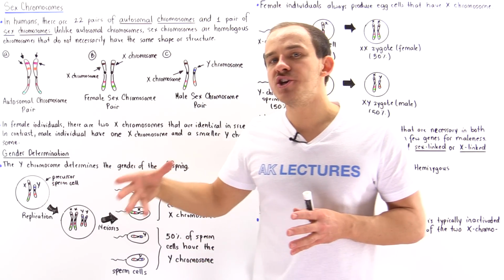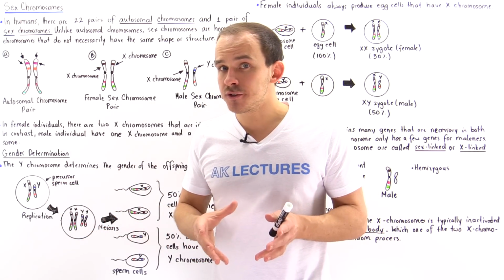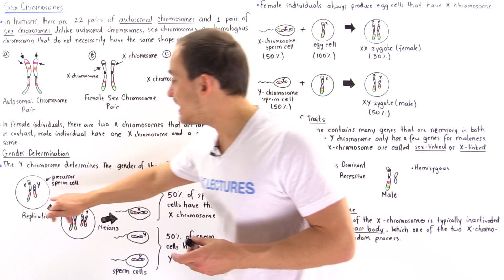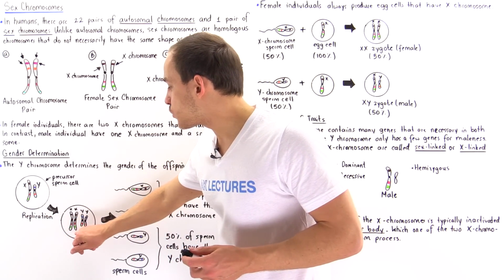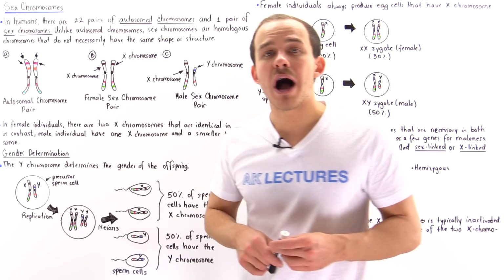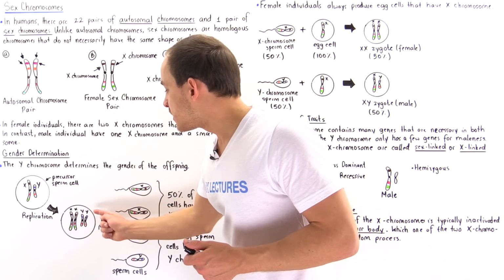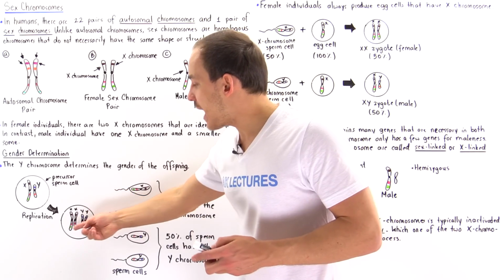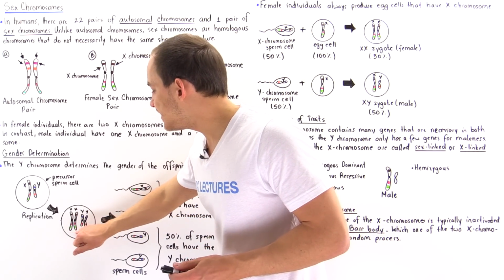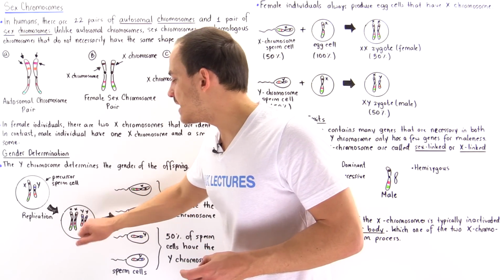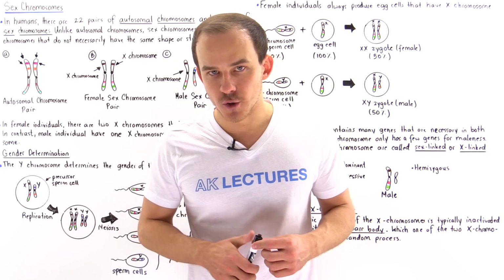Before meiosis takes place, during interphase, we have to replicate each of these sex chromosomes. So the X chromosome is replicated, and so is the Y chromosome. This is our cell that contains the replicated sex chromosomes: two identical X chromosomes and two identical Y chromosomes.